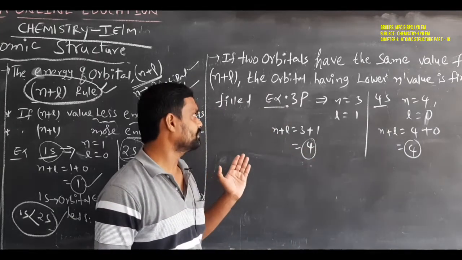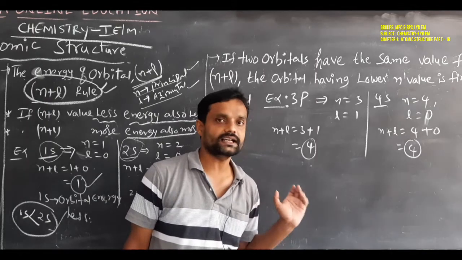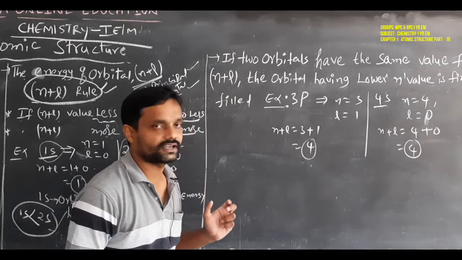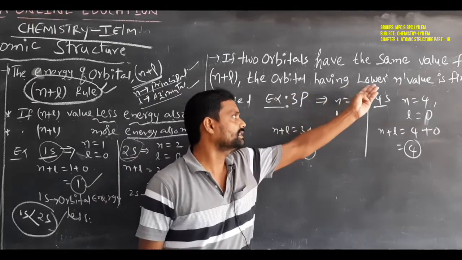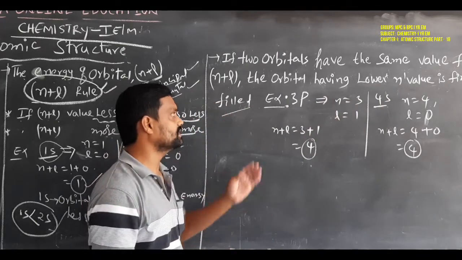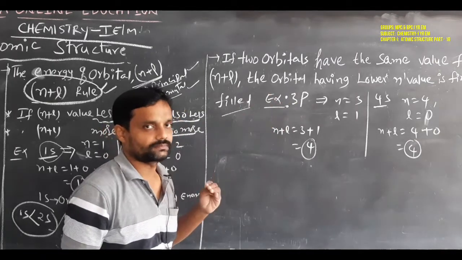So when we compare the 3p and 4s, the n plus l values are the same. In this condition, to identify the energy of the orbitals, the orbital with the lowest n value is filled first. The lowest n value is in the 3p orbital.